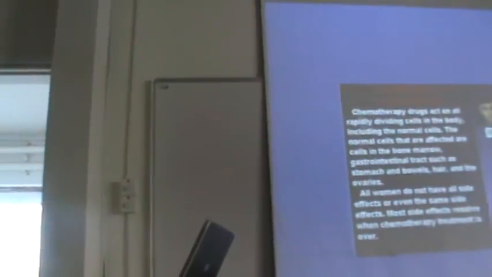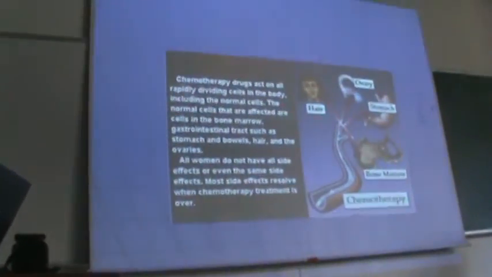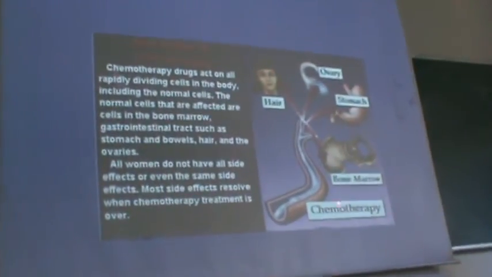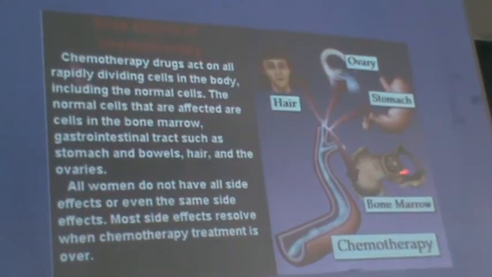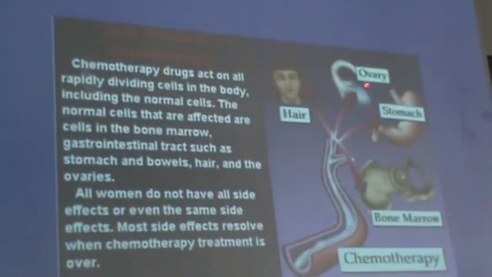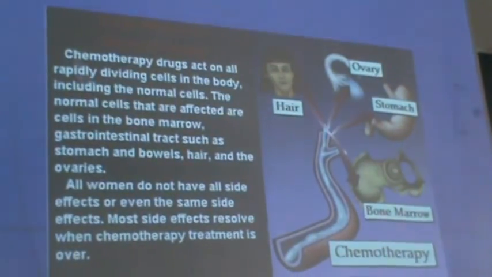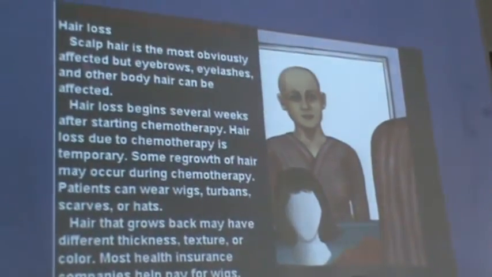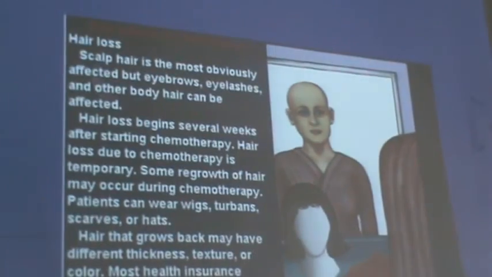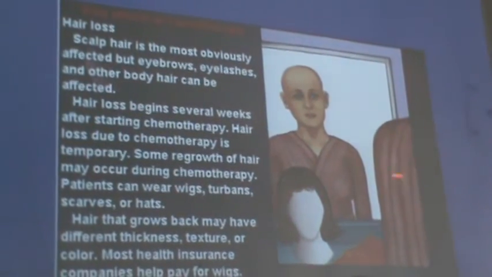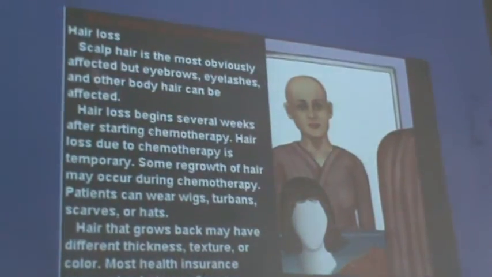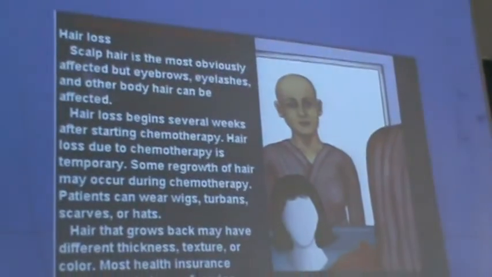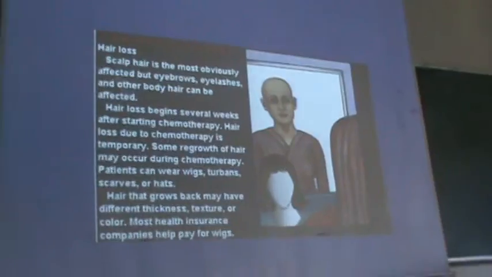Now we will go briefly through the toxic side effects. You know that the targets of chemotherapy are normal tissues: the bone marrow, the gastrointestinal tract, the ovaries, and the hair. Alopecia is one of the bad things that the patient will have, and most people refrain from taking chemotherapy because they don't like to be in this situation.